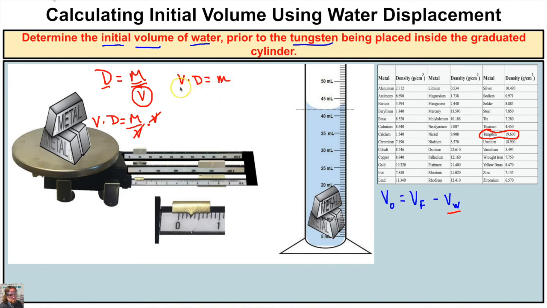But we want to isolate V. We want to get V all by itself on one side of the equal sign, so we'll divide both sides by D. D now cancels, and so to get the volume of this metal that is on this triple beam balance, we're going to take the mass and divide it by its density. So here's our formula to figure out the volume of this metal.